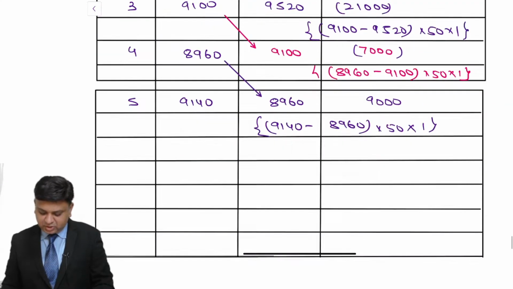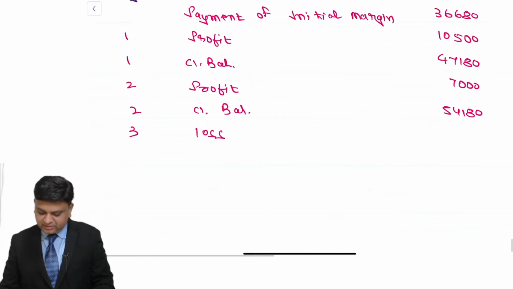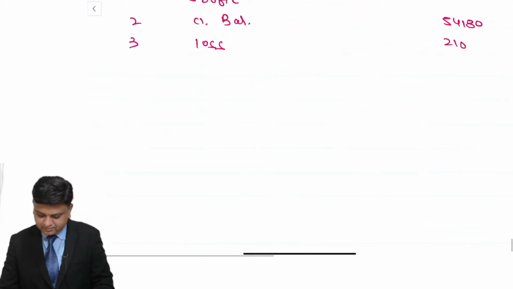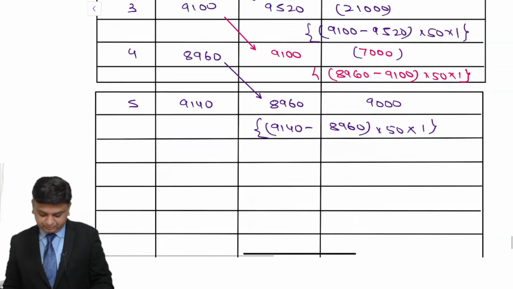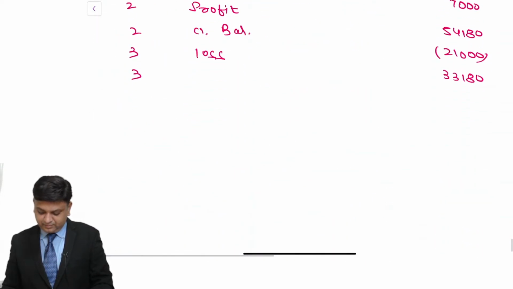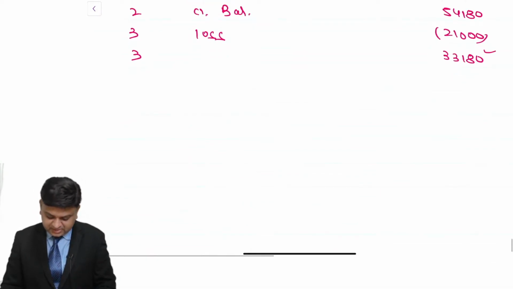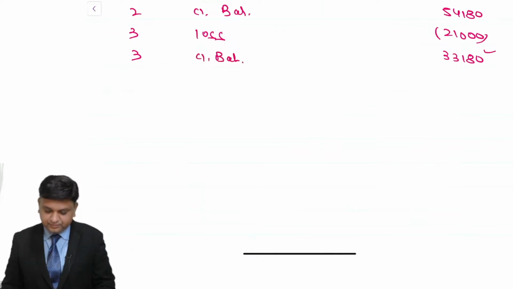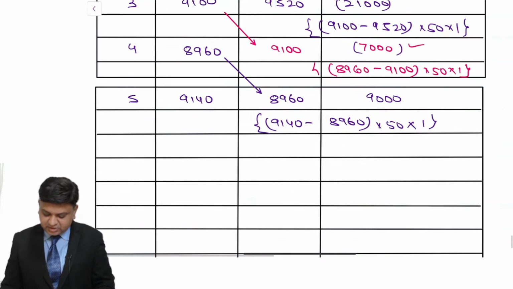On third day, there is a loss of 21,000, huge loss, and the balance is falling down to 33,180. The maintenance margin is 27,510, but the balance has not fallen below that. So there is closing balance 33,180. On fourth, again there is a loss of 7,000.